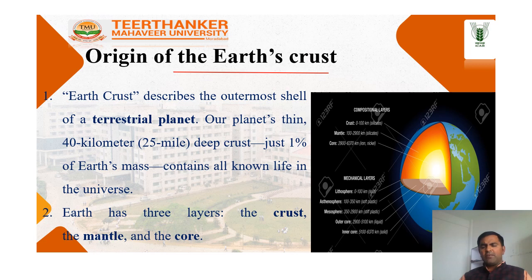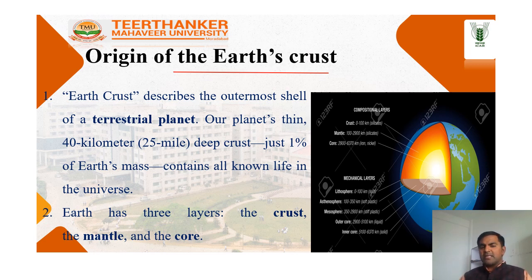This layer has a thickness of about 40 kilometers, and out of the whole planet, all known life is found in only 1% of the total mass of the planet. It means 99% is away from this, and only 1% of this planet has all the known life in the universe.